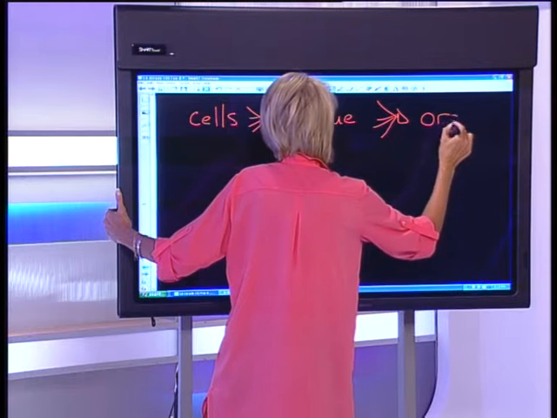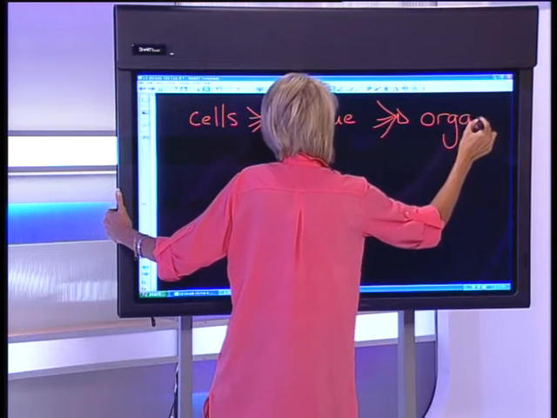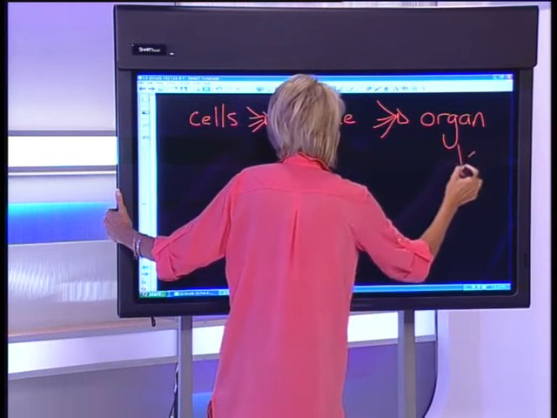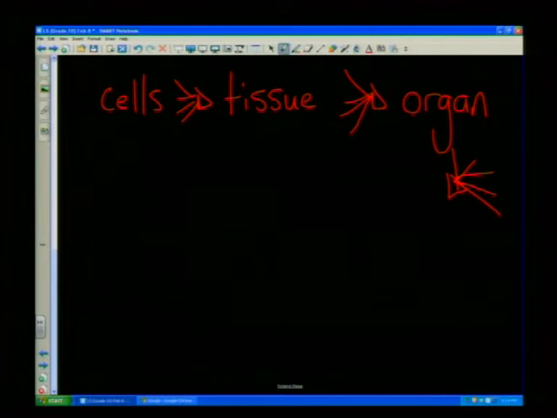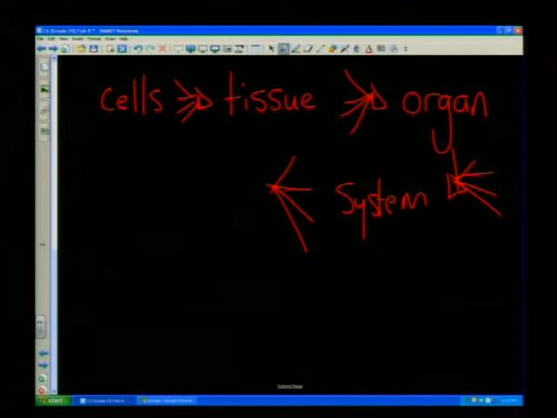Organ. And quite a number of organs will work together as a system. And all the systems in the body coordinate and work together to form an organism.